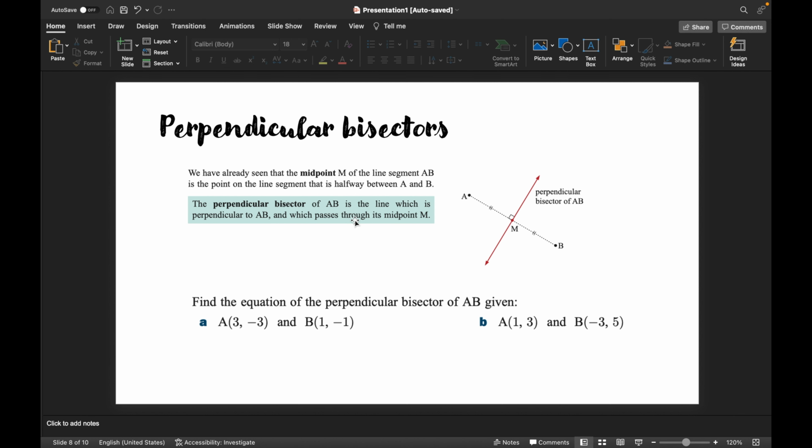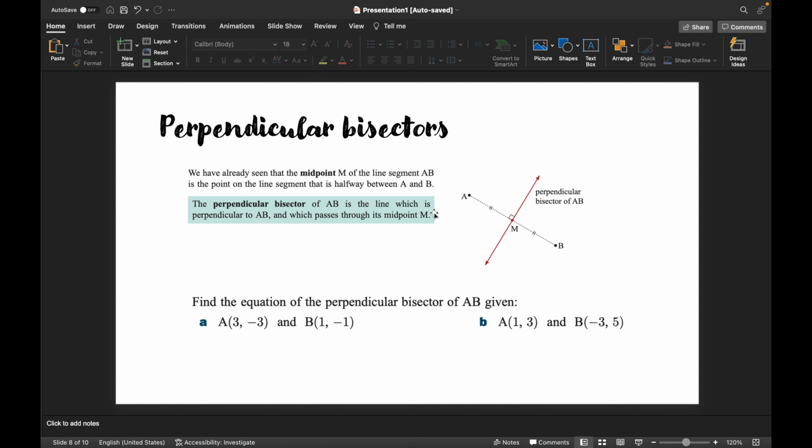Okay, so first let's read the statement again. The perpendicular bisector of AB is a line which is perpendicular to AB and passes through its midpoint M. So what you're supposed to do first of all is find the midpoint by finding (x1 plus x2) divided by 2, comma, (y1 plus y2) divided by 2. When you find the midpoint, we have one coordinate.